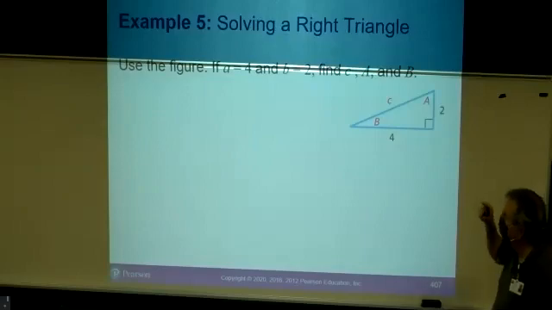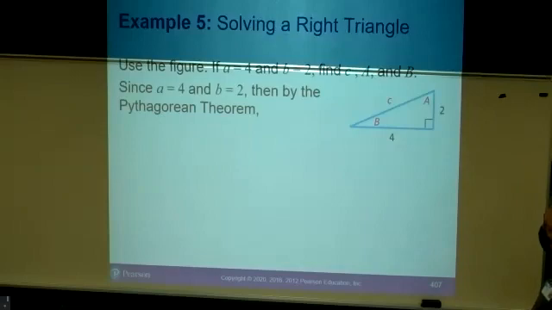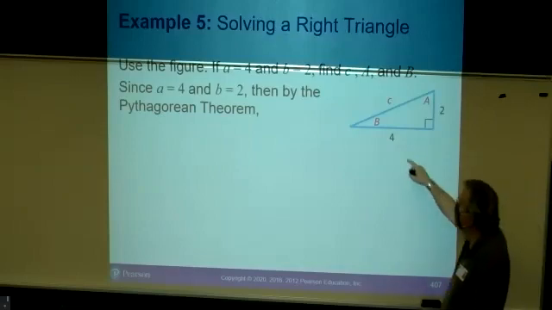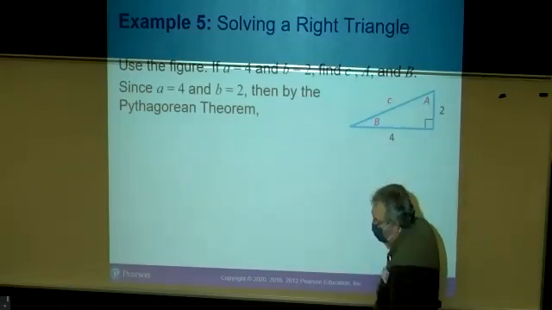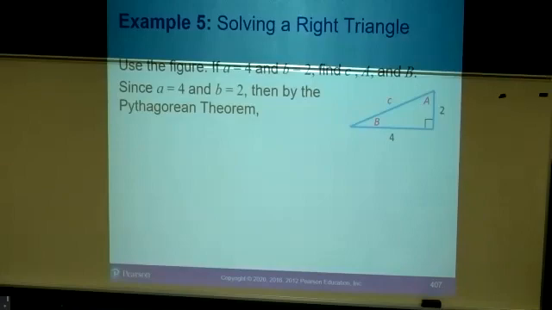Or the tangent of B will equal 2 over 4. So tangent of A will equal 2, or the tangent of B will equal 1/2. Well, they use the Pythagorean theorem to find this side over here. I forgot that you need to find that there. That's the easier one to start with.